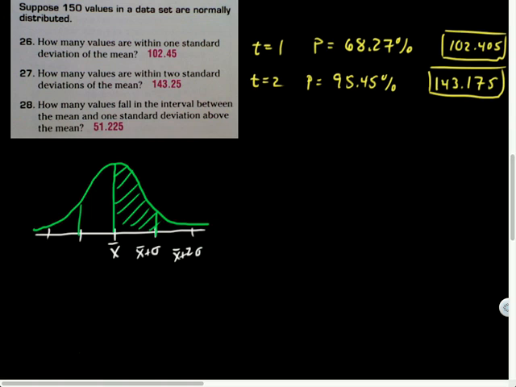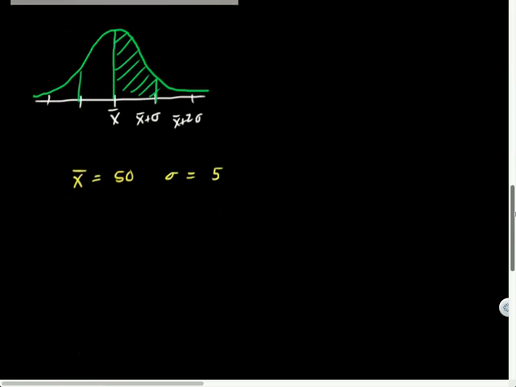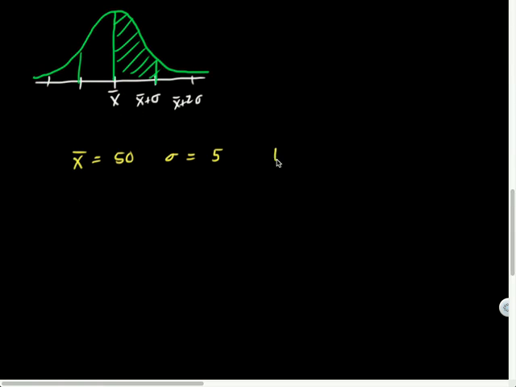So let's say that x bar was 50, and let's say standard deviation was 5. Assuming that's the case, how many values are, let's say, less than, what if I said 57?